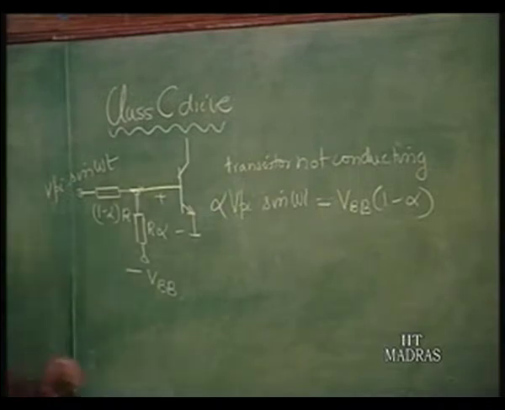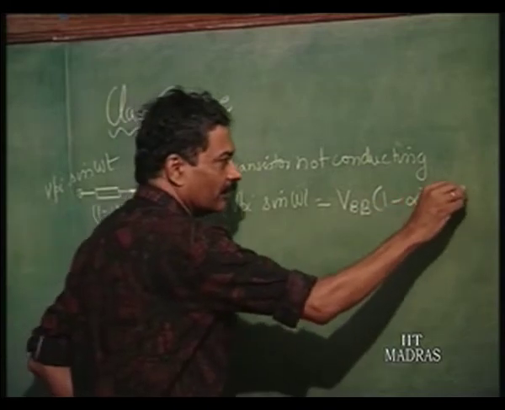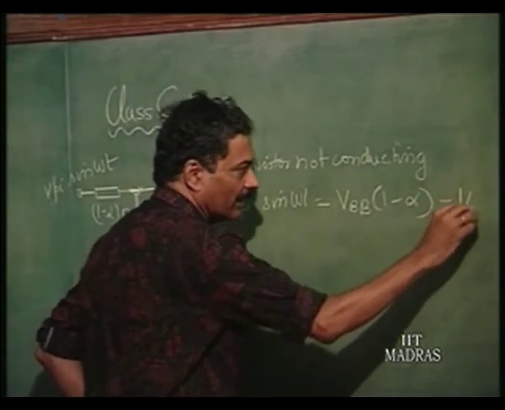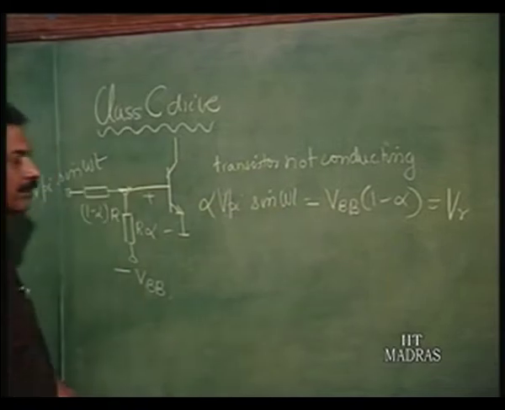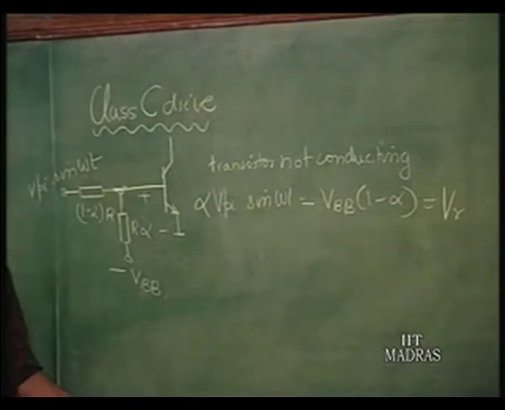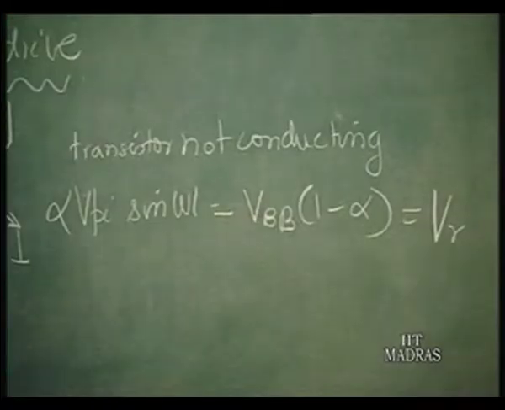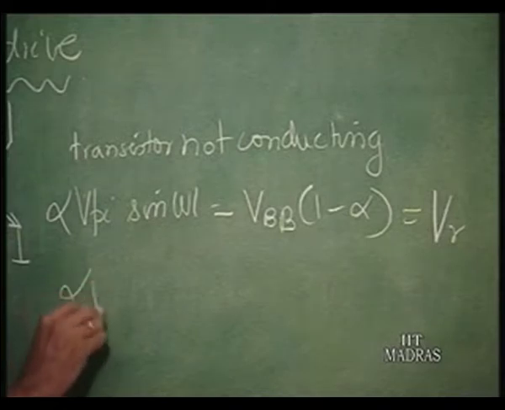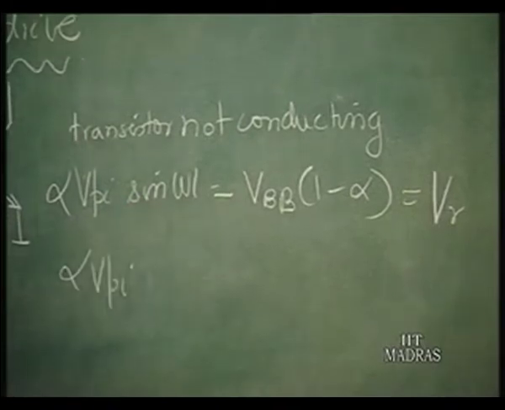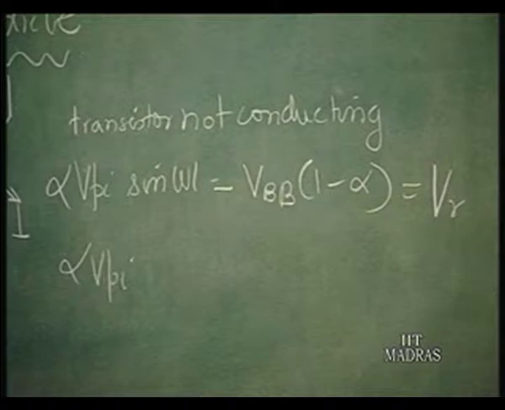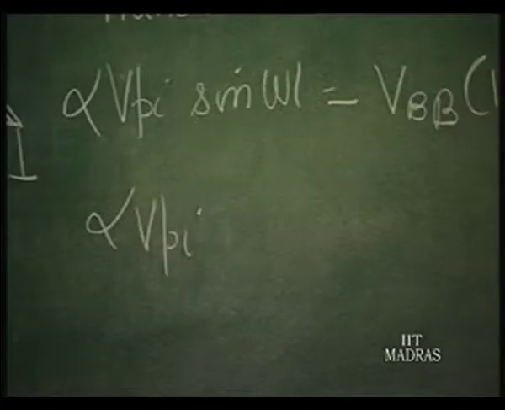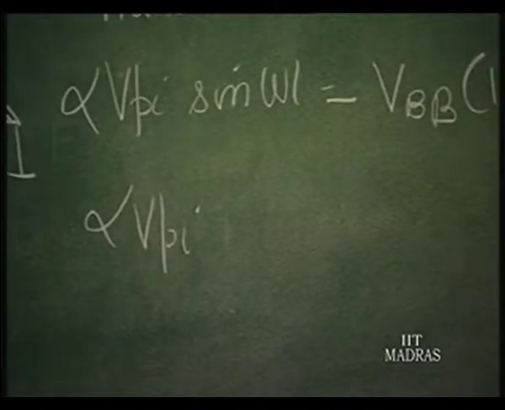So, when this becomes equal to, let us say, 1 volt, which is V gamma, the cut-in voltage, when this particular thing becomes equal to V gamma, the conduction takes place. So, that means we will say alpha Vpi, and we know that conduction starts happening when the angle is pi by 2 minus theta by 2.